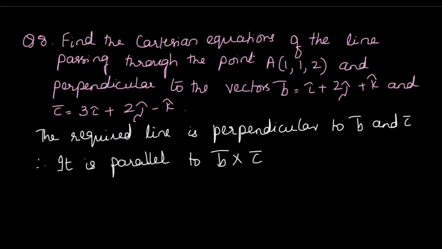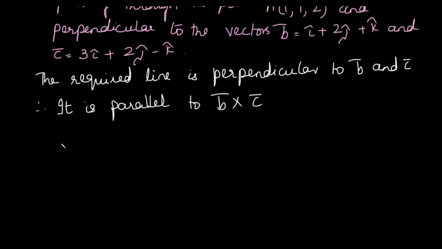Now how do we find B cross C? Yes, we find it by the method of determinants. So B cross C is equal to the determinant with i, j, k in the first row, the second row becomes 1, 2, 1, and the third row becomes 3, 2, minus 1.